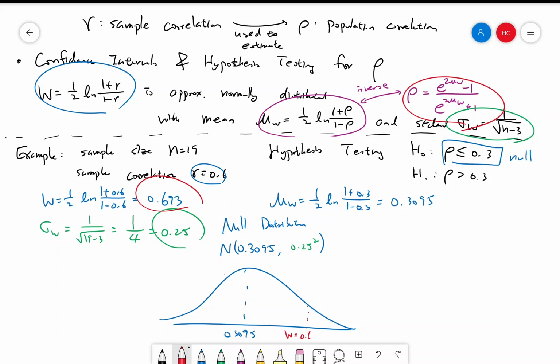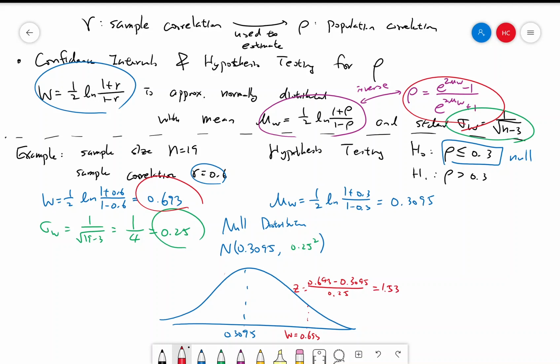W is 0.693, so the z-score is 0.693 minus 0.3095 over 0.25. This is equal to 1.53.